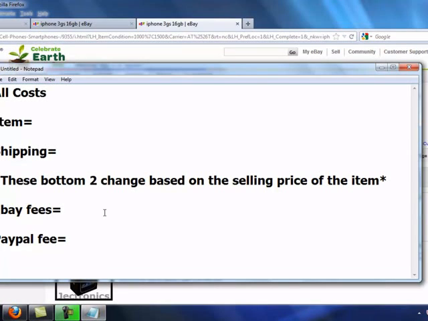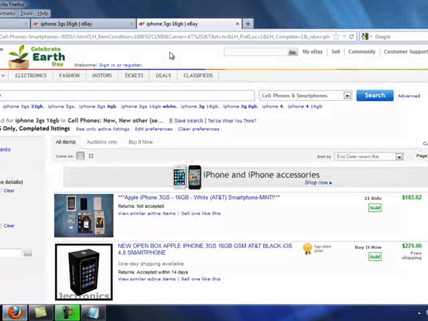Whatever you choose to sell them as dictates how much you pay in eBay fees and how much you're going to pay in your PayPal fee. I'm going to use the 3.9% that, from what I know, is in the PayPal account. Very simple, folks. Now, we talked about the iPhone 3GS 16 gigabyte in another video, and that's what we're going to use here.